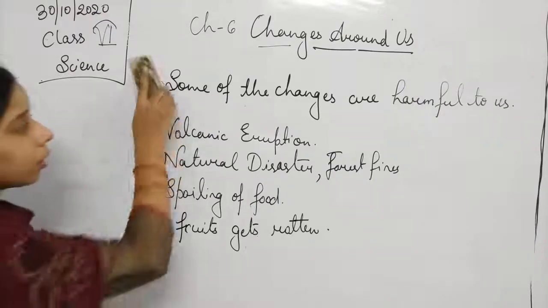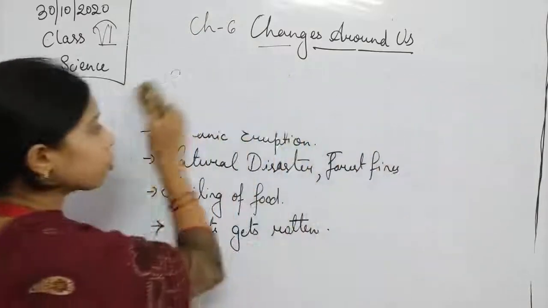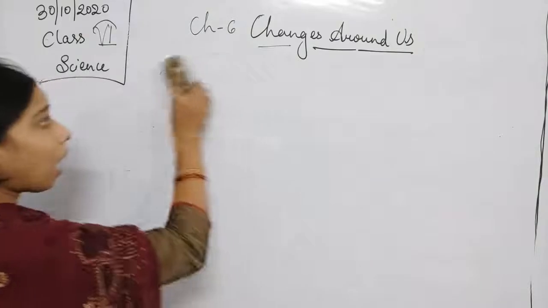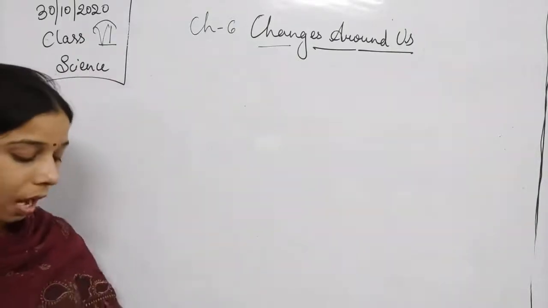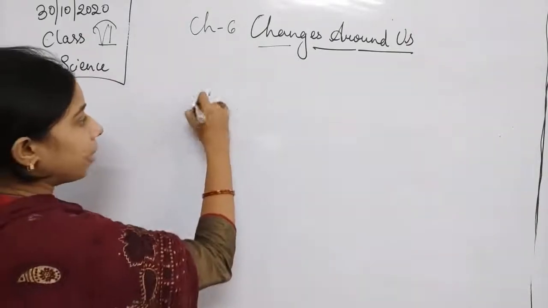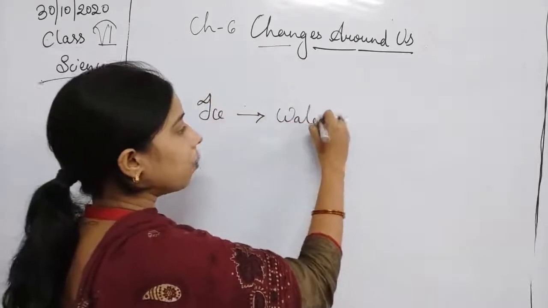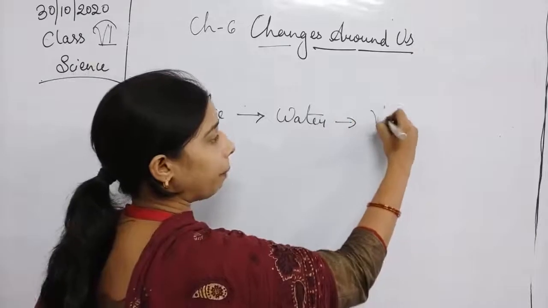Now there is one more thing, students, about how these changes occur. Take an example of ice. In the case of ice, we have seen that ice gets converted into water, and from water it gets converted into vapor.